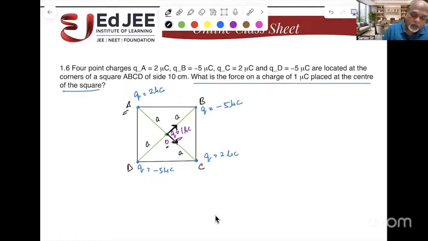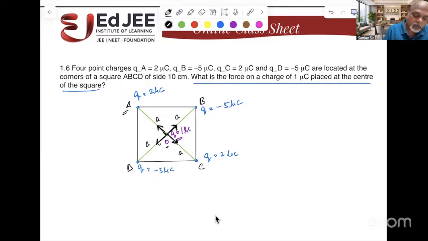Then O and C, they are positive in nature, so they will repel. The direction will be like this. And O and D are opposite in nature, so the direction of this force will be like this.